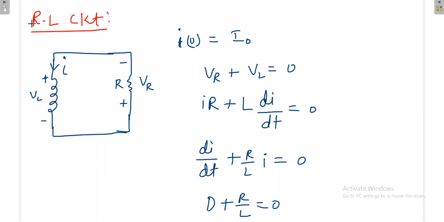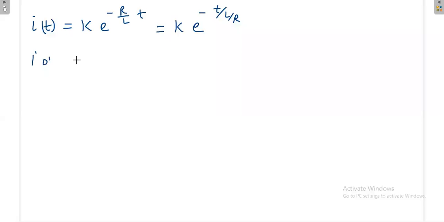So I of t I can write as some k e power minus R by L into t, or otherwise k e power minus t by L by R. So I of 0, the initial current across the inductor, is k e power 0, but that value is I naught. That means instead of k, you can substitute I naught. So finally, I of t is equal to the initial current value times e power minus t by L by R.